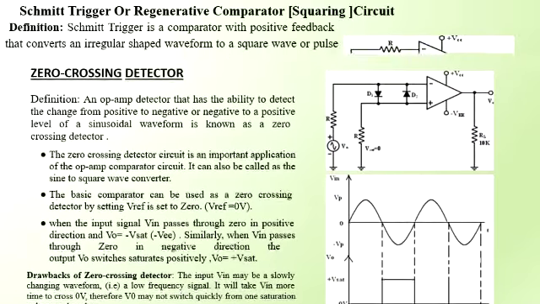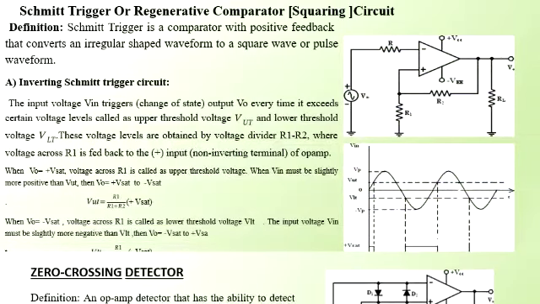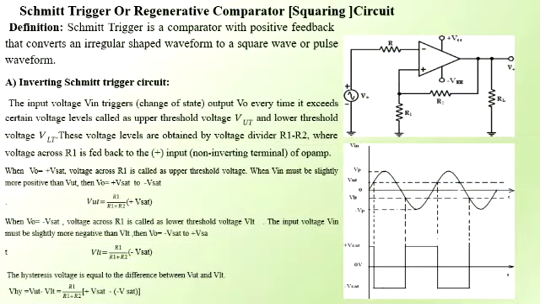After the completion of the zero crossing detector, finally the two drawbacks of this zero crossing detector are: one is noise at the op-amp input terminal, and second is that the output may fluctuate between the two saturation voltages, plus VSAT and minus VSAT, detecting the zero reference crossing for the noise voltage as well as the input.